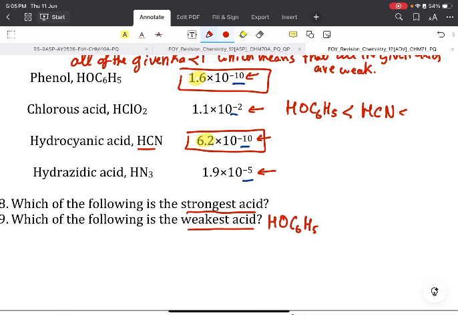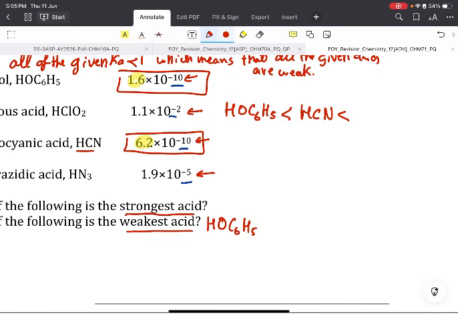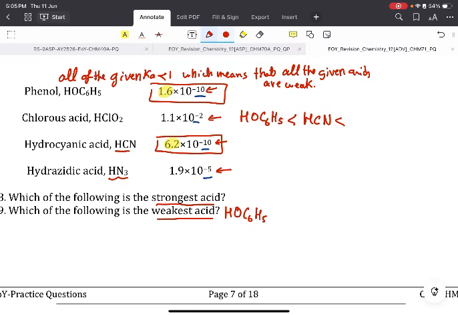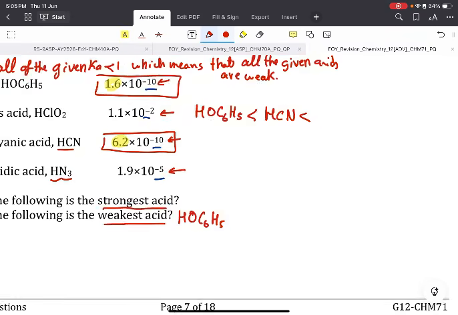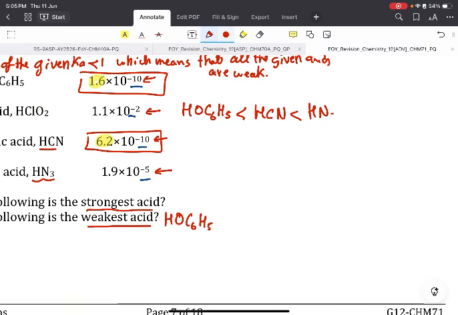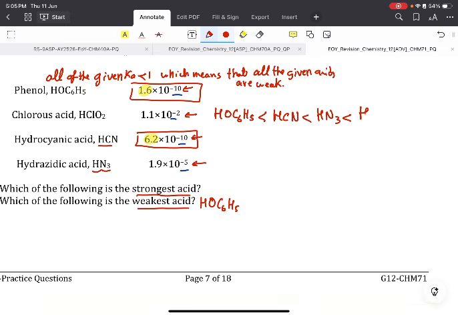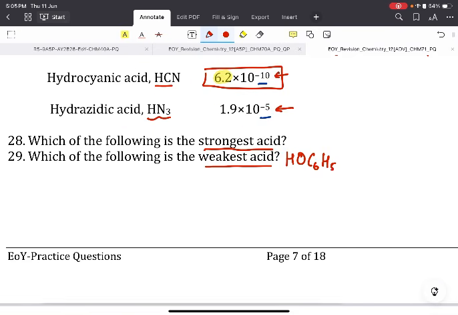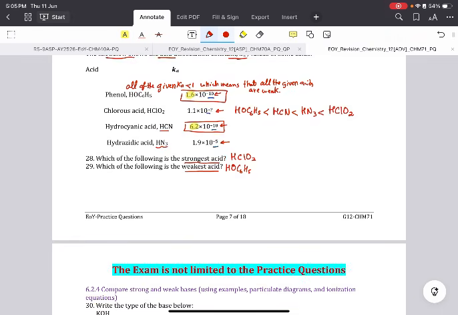Definitely HCN. Now, which one comes next? It is hydrazoic acid, HN3, and the strongest in the list, but still a weak acid, is chlorous acid. So the strongest acid among all these weak acids is HClO2.